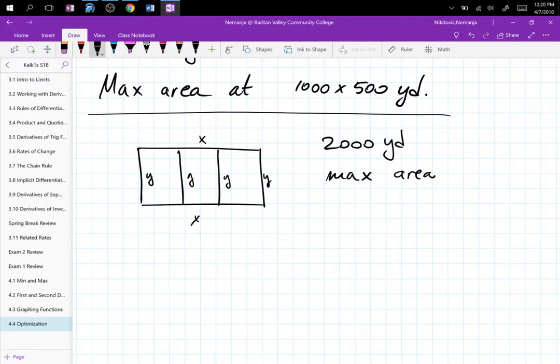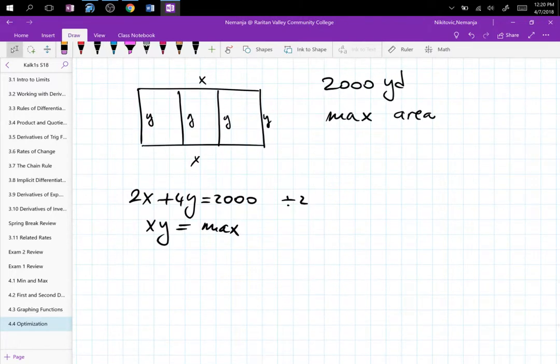Calculations are recycled over and over and over again. So 2x plus 4y equals 2000. You will be able to divide this by 2. And you're still looking for xy to be a max. All right, solve this one on your own completely. Next one I'm just going to set up. We're not even going to solve it. Move to a different type of problem.